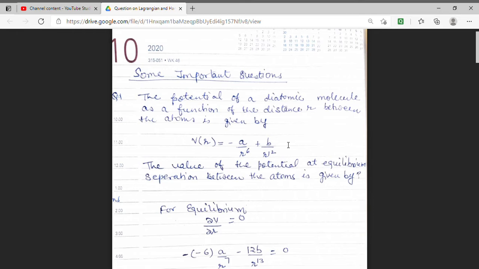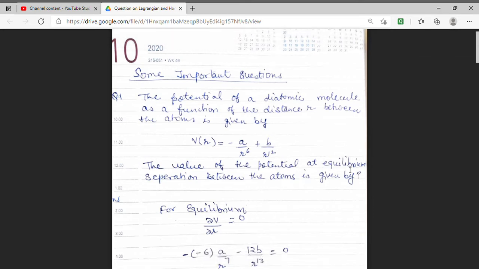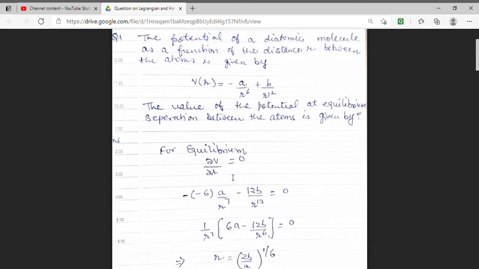As in the question, we have to find the value of potential at equilibrium. That means we are given a condition that del V by del r will be 0, because at equilibrium V(r) will have an extremum value, so the derivative will be 0.